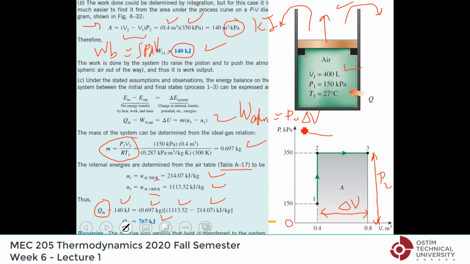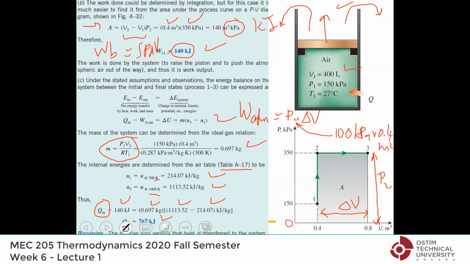And what is the value of P0, atmospheric pressure? 1 atmosphere? Yes, which is about 100 kilopascal. Times delta V is 0.4, right? 0.4 cubic meter.